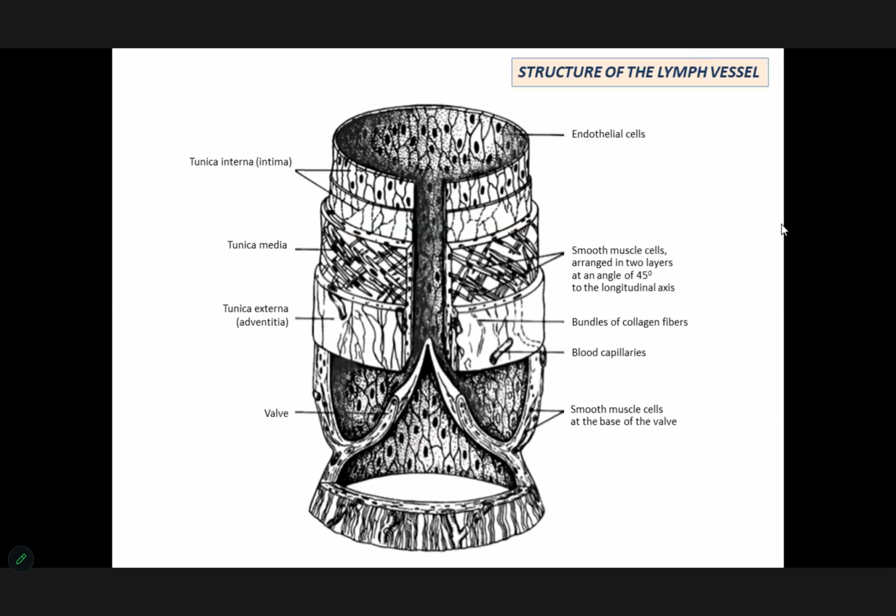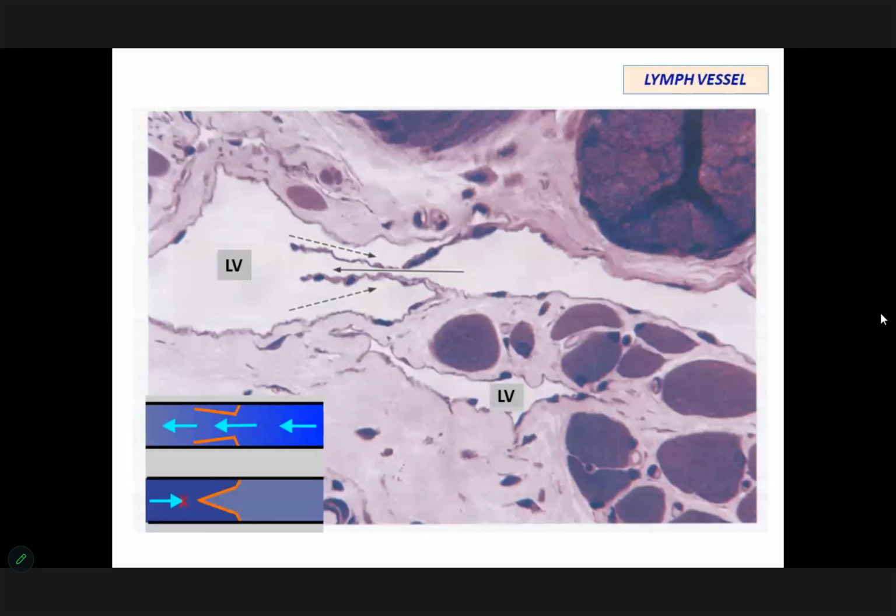The structure of lymph vessels resembles the structure of the vein. The thickness of the wall is very thin, as it is in the vein, and also valves are present. This is the histological picture of the lymph vessel.